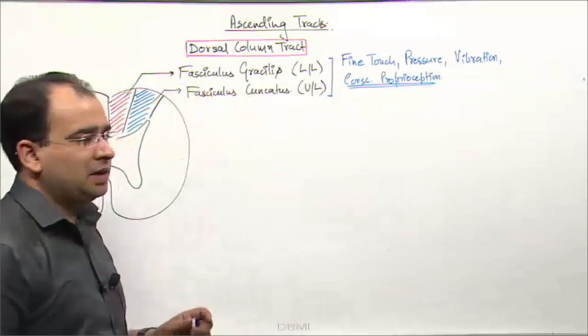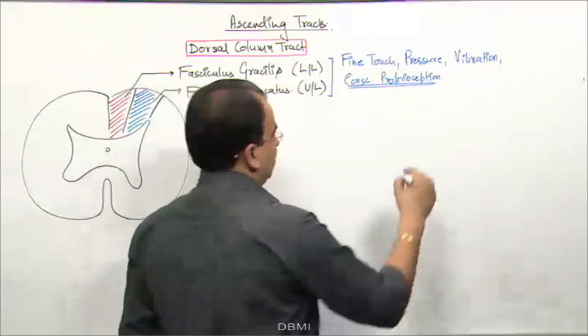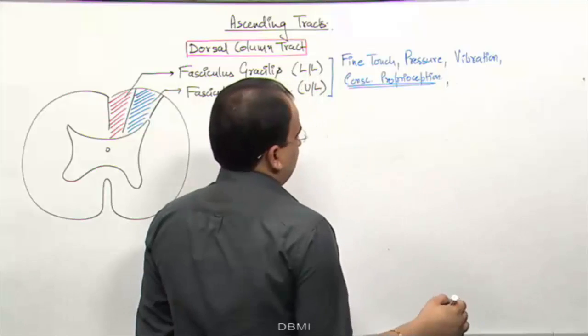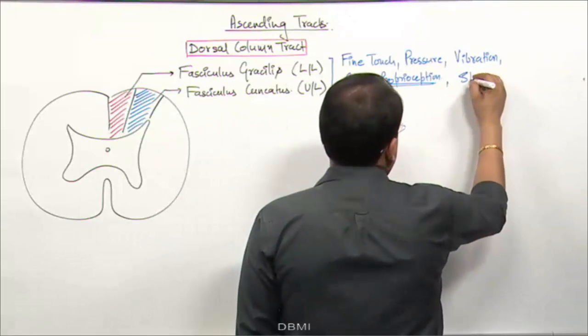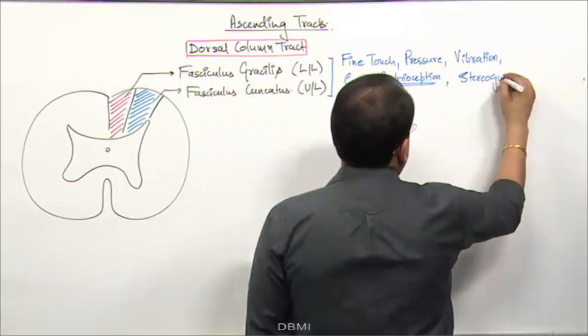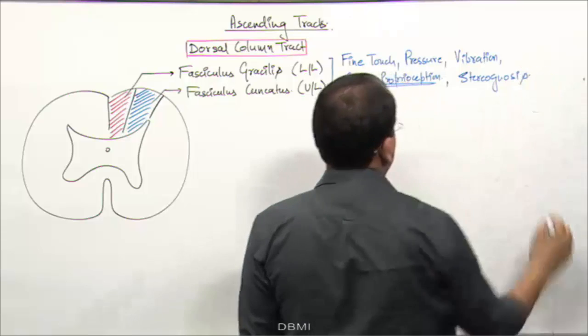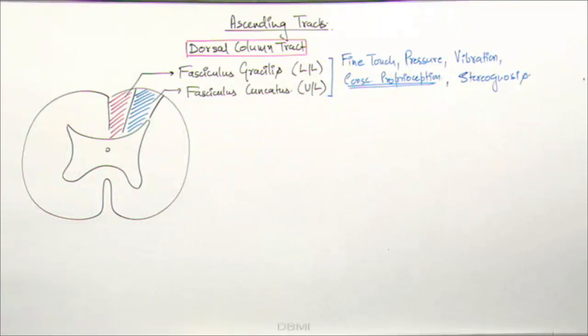So underline or highlight the conscious proprioception. Stereognosis. Fine touch, vibration, the conscious proprioception, pressure to an extent, and stereognosis. So these are the major things which go through the dorsal column tract.